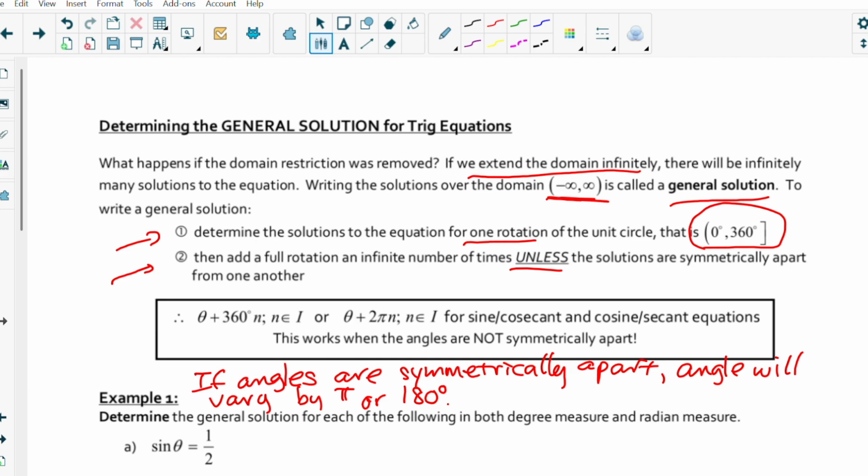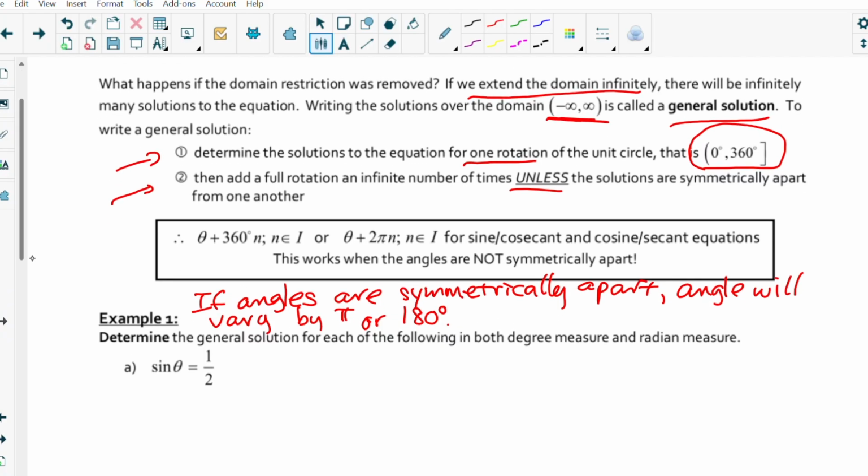You can see that when we do the cotangent and tangent solutions, because the period for cotangent and tangent is pi radians, so you're going to have solutions that are symmetrically apart, meaning pi radians, 180 degrees. We'll show you what that looks like when we do the solutions.